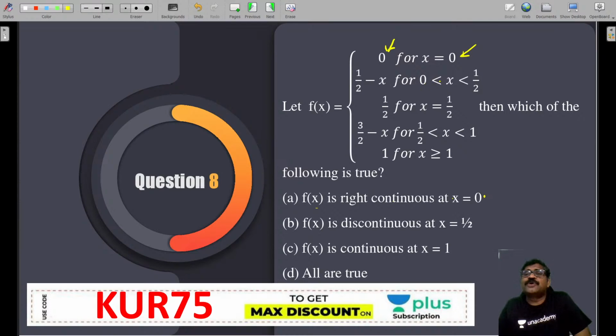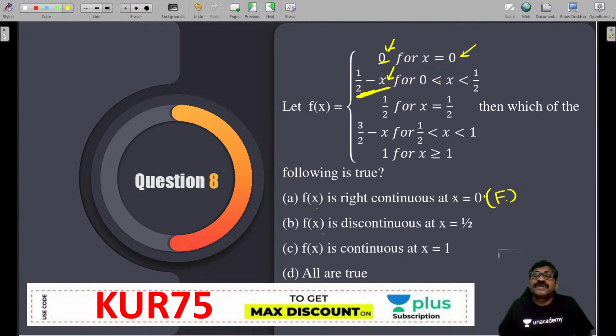Right side of 0, when x is tending to 0 plus, you will get limit is 1 by 2 minus 0, 1 by 2. So 0 is different from 1 by 2. So the function is not right continuous at x equal to 0. This statement is false. First statement is false.